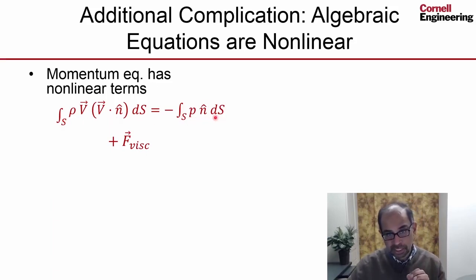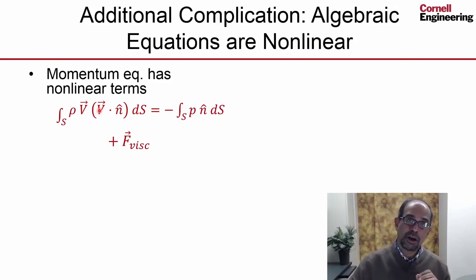That's the net pressure force on the control surface, and that's the viscous force on the control surface. That's a nonlinear term because we have a product of velocity times a velocity component. So you have a product of two unknowns, and that's nonlinear.